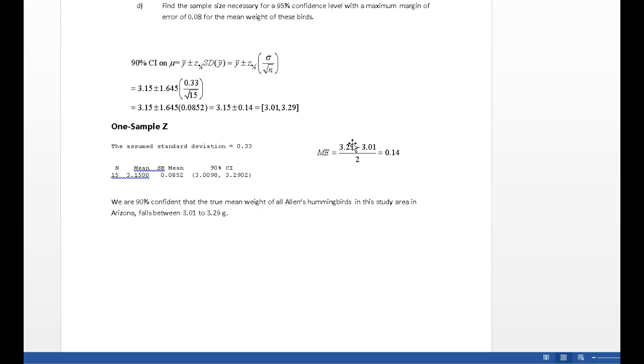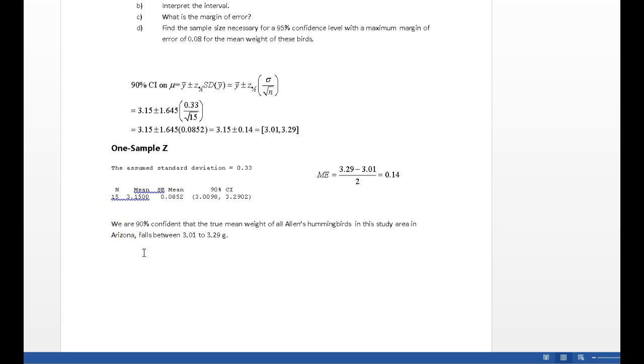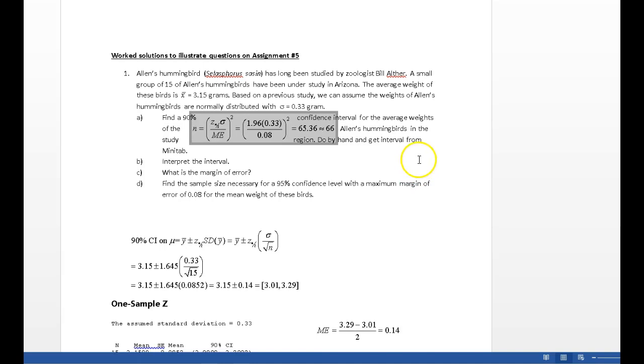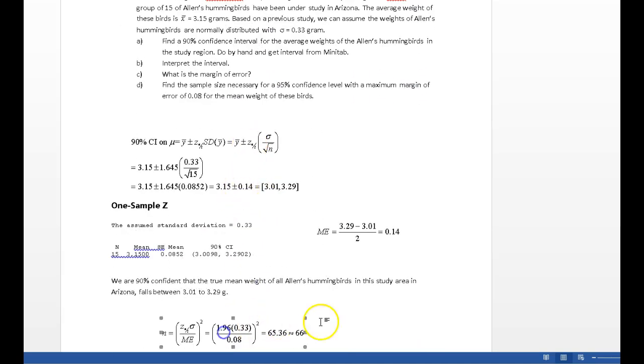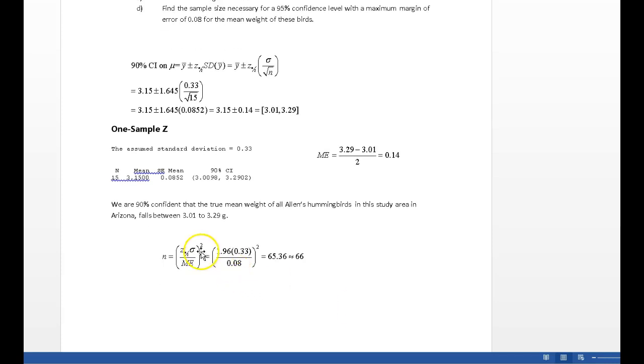Now, to answer this question, there is a formula in your notes, and I'm going to copy and paste it. All right, here's the formula. N is equal to, and this is the formula we use when we're trying to calculate sample size for estimating population means.